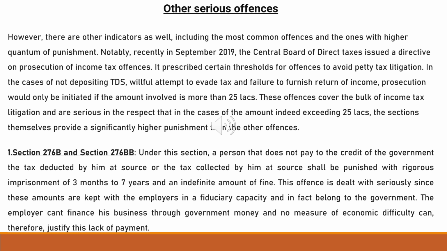This offence is dealt with seriously since these amounts are kept with the employers in a fiduciary capacity and in fact belong to the government. The employer can't finance his business through government money, and no measure of economic difficulty can therefore justify this lapse.